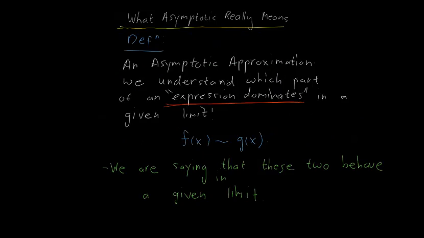Even though the domain is large, most of the contribution often comes from a small region. And in asymptotic analysis, this is the art of finding that region. Asymptotic analysis is the art of finding that region. All right, and let's get into that. What do I mean by that?